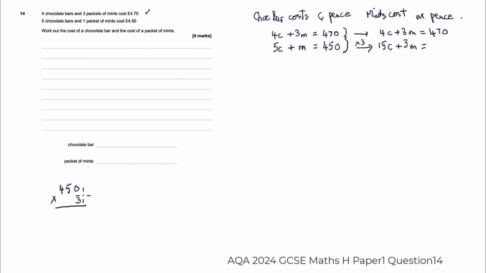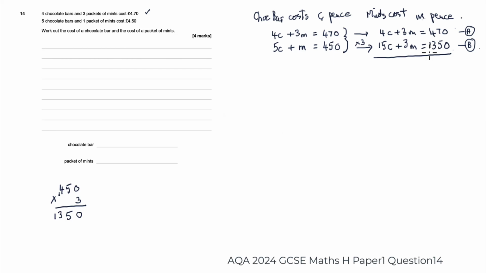No calculators in this paper. 3 times 0 is 0. 3 times 5 is 15, 1 to carry. 3 fours are 12, plus that 1 is 13. So that's 1350. So there we go. And let's call this equation A and this equation B.